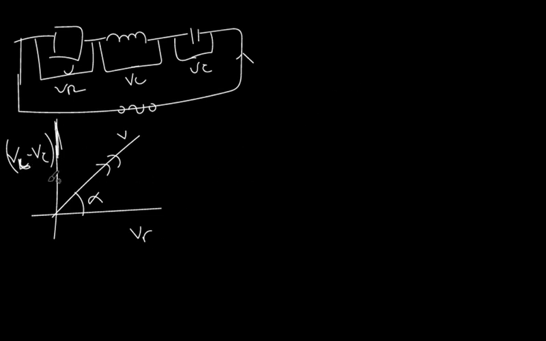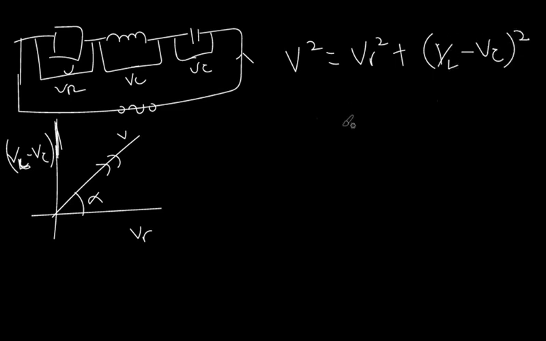If this is the phasor diagram, just like we did for the first two, the resultant squared will be equal to VR squared plus, in this case we are subtracting the two of them, VL minus VC all squared.